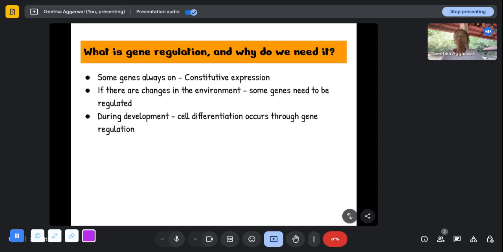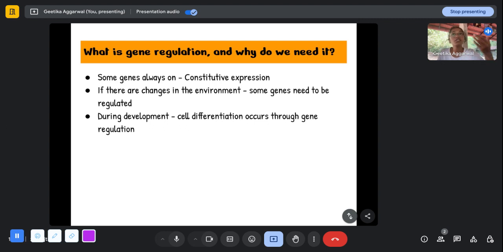And again, during development, say from an embryo to a fully grown adult, there are a lot of times when the cells get differentiated. You might already know that when a zygote is formed by the fertilization of the egg by the sperm, it forms a blastocyst, which has a lot of cells, and some of these get differentiated into forming different organ systems.